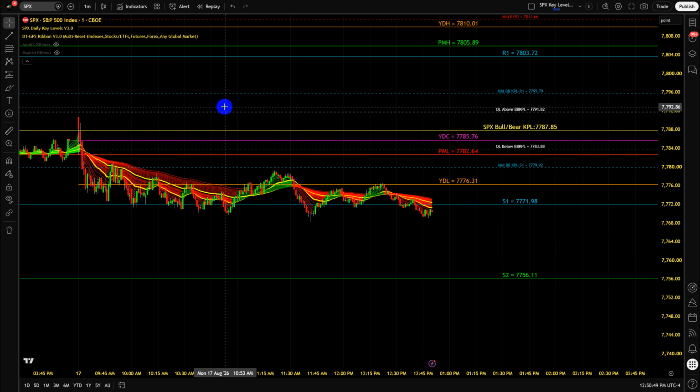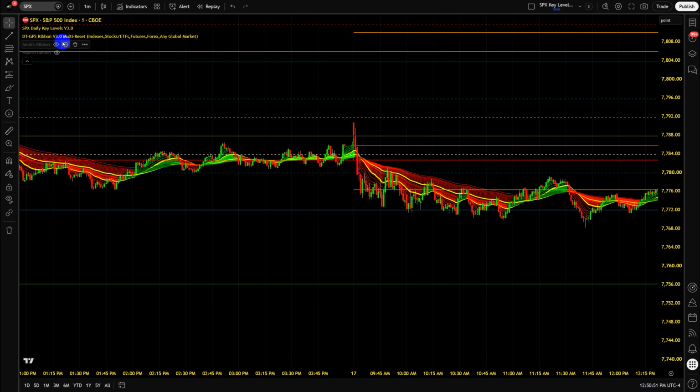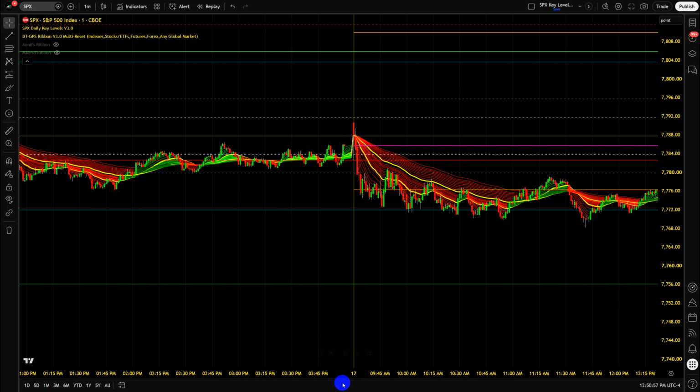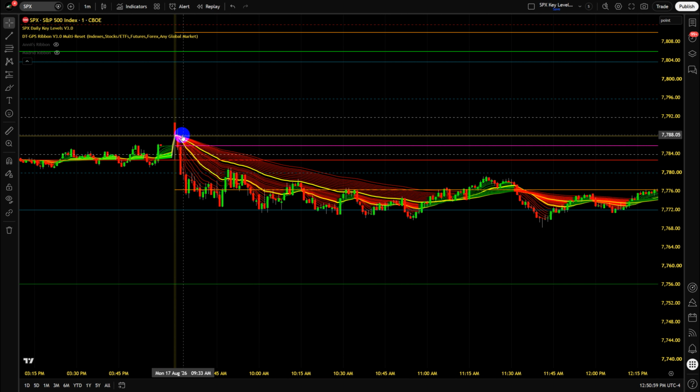Now, if we go ahead and turn the reset on, then as you can see, right off the bat, you're seeing the bearish momentum. And so you can jump into this trade, bearish close underneath the bull bear key price level.